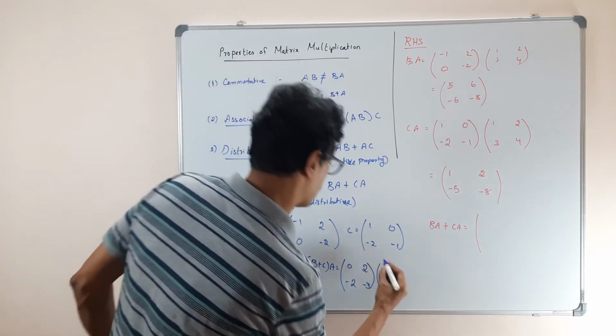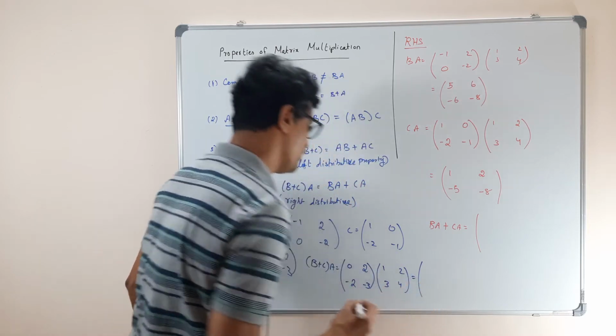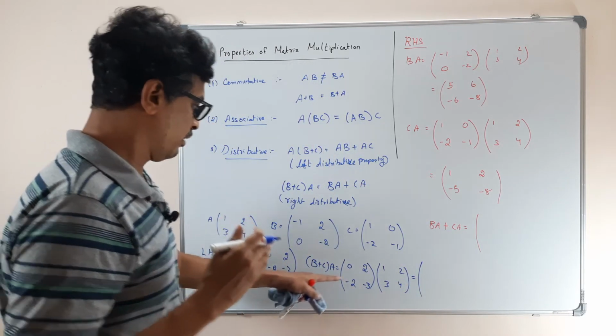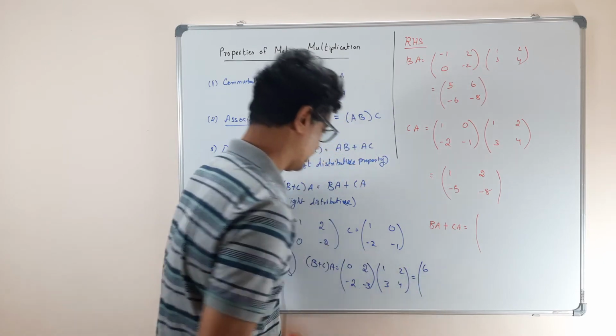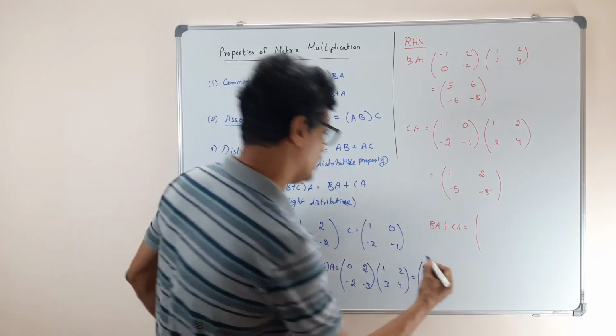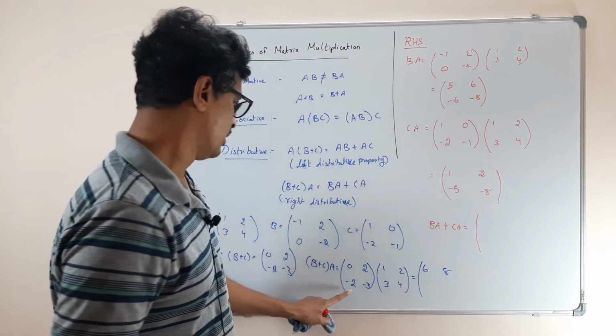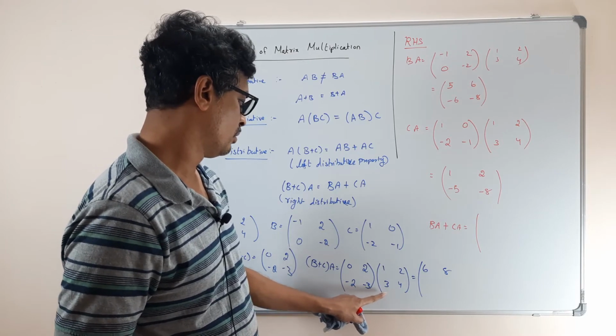So 1, 2, 3, 4. 1, 2, 3, 4. So tell me what this will be. Now it should come: 6. And then 8. Then minus 2, minus 12. How much?